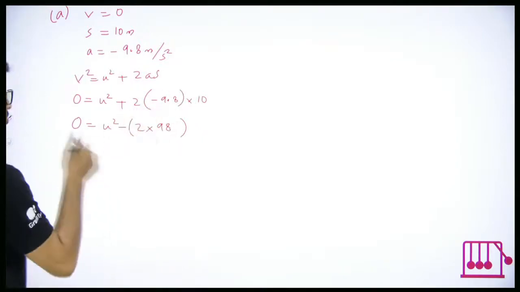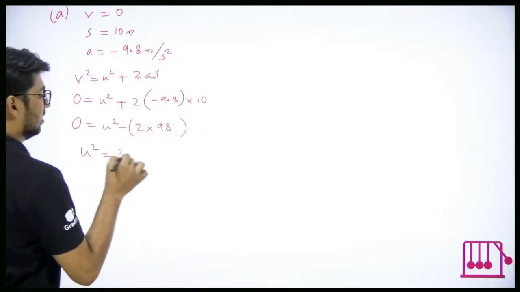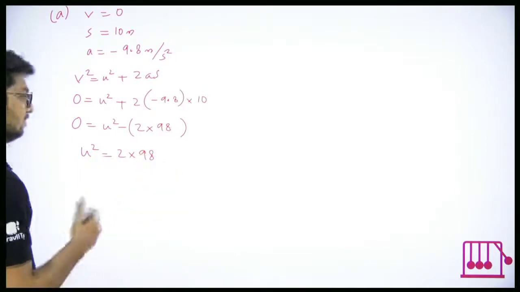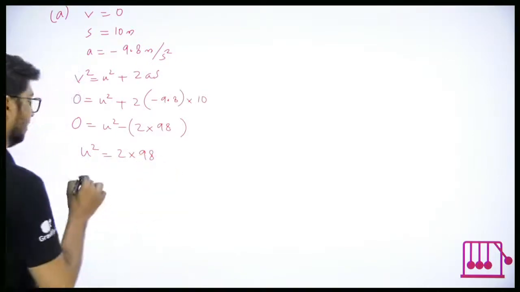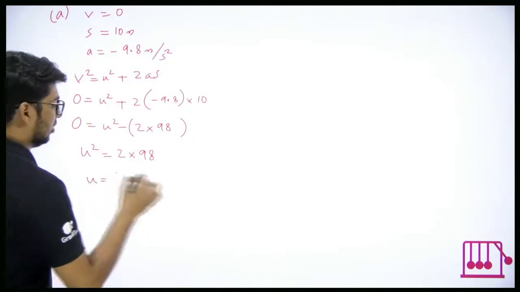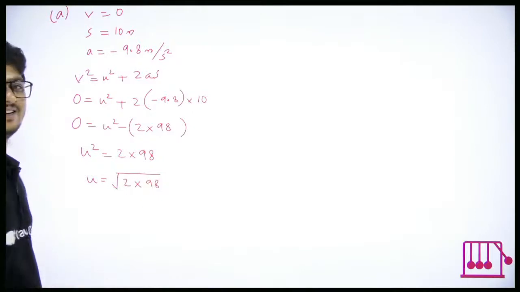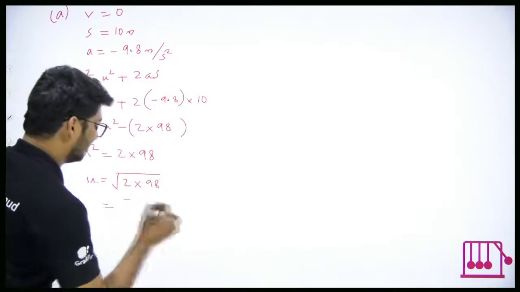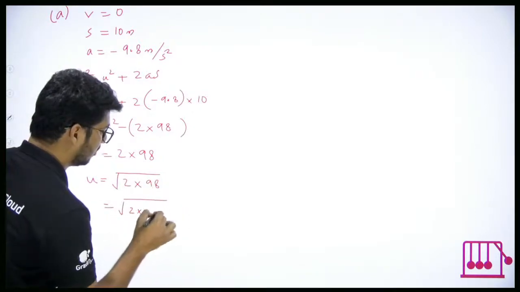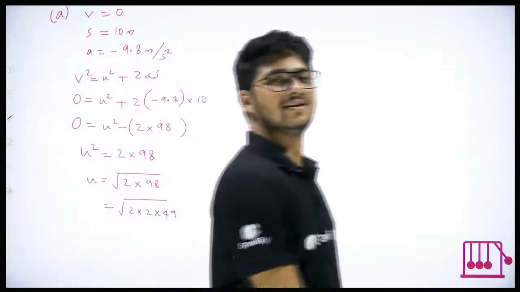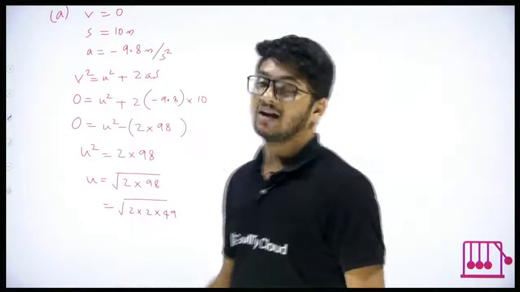So that minus term goes to the other side. u square becomes equal to 2 into 98. Now here see, when I take u, it is the under root of 2 into 98. What is 98? It is 2 into 49. 49 into 2, how much is that? 98.